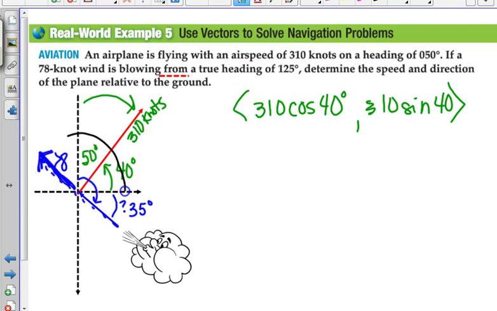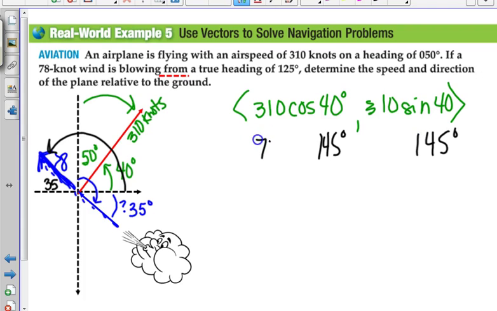So I need this angle around to here. This is 35, right? Because of vertical angles. Told you we needed a lot of geometry. So this is 180 minus 35, or 145. Help me, someone. Okay. That was the hardest part of the question right there.